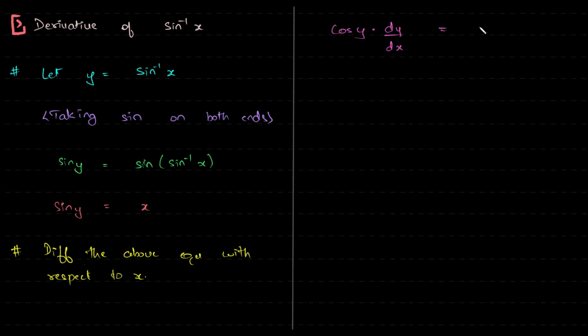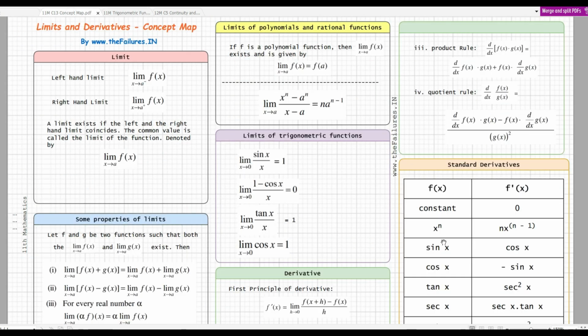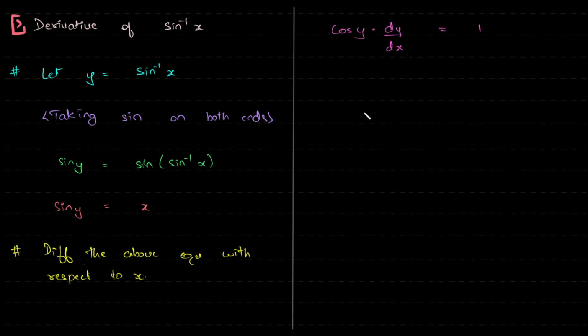And the derivative of x is 1, right? So derivative of x to the power of n is n into x to the power of n minus 1. With that, this is 1. So we are looking at dy by dx is equal to 1 by cos of y.